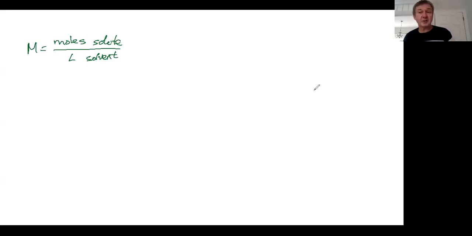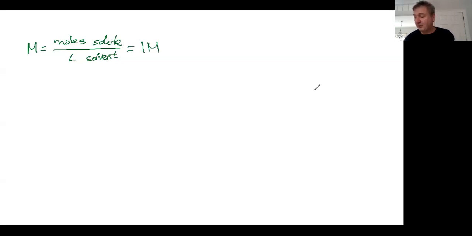The thing to keep in mind about concentration is if I have 1 mole of salt, which is 58 grams, in 1 liter, that's 1 molarity, or we say 1 molar. That concentration is constant.